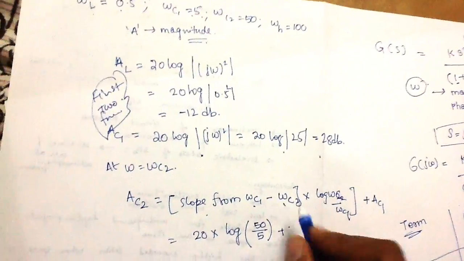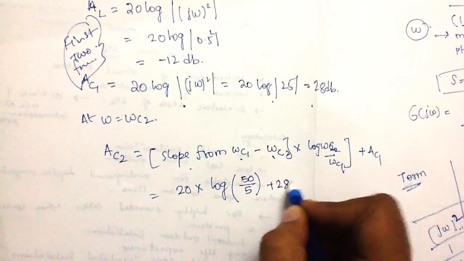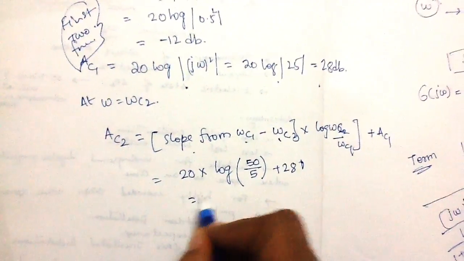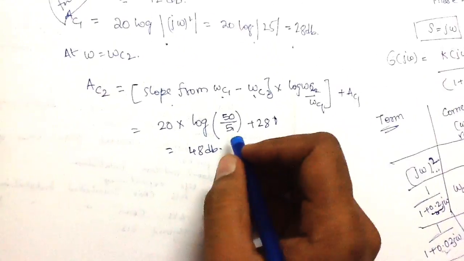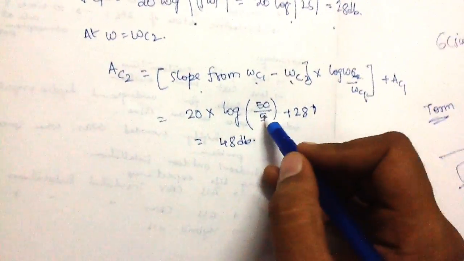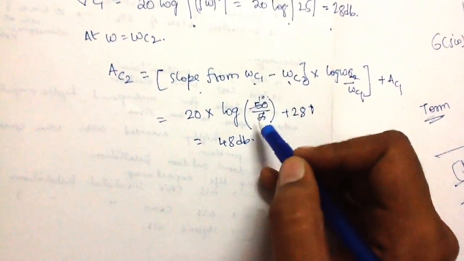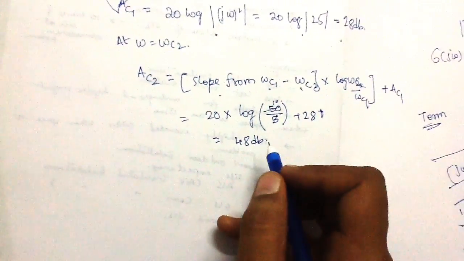And A at C1, which is the magnitude at C1, is 28 decibels. So by solving this, you get 48 decibels. Right? Now, once you're done, it's actually simple. 50 by 5 is 10, log 10 base 10 is 1, and 20 plus 28 is 48. So AC2 is 48 decibels.